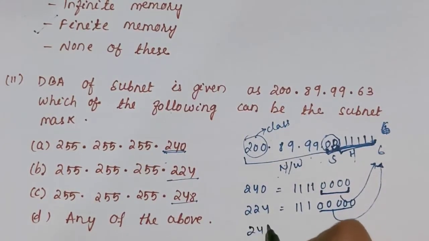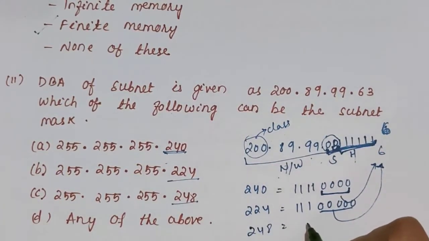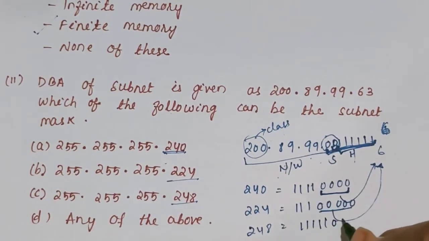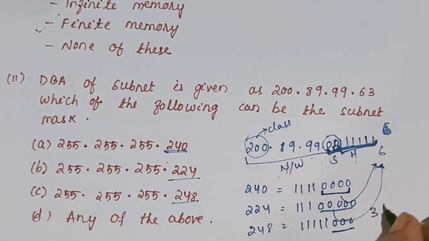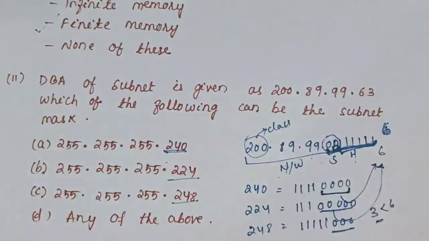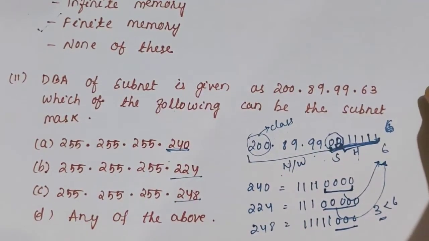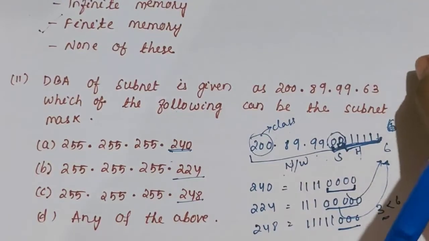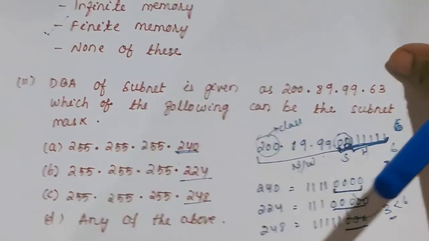Then 248, 11111 and 3 zeros, so 3 is less than 6, so this can also be a mask for this given DBA. If you are not getting this point, tell me in the comment section. I'll make a proper video on computer networking IP addresses.